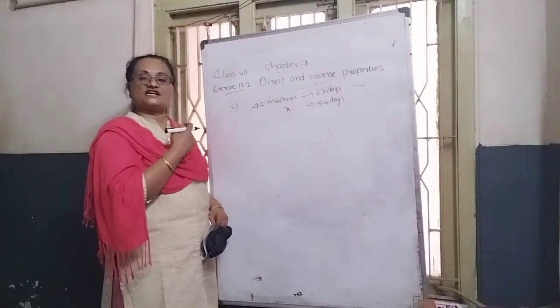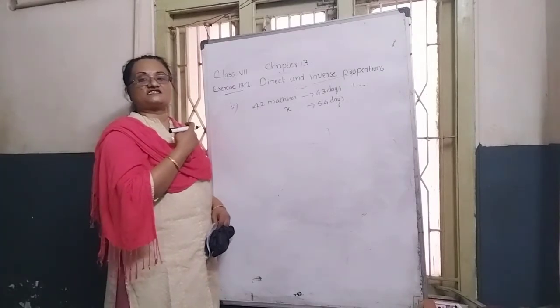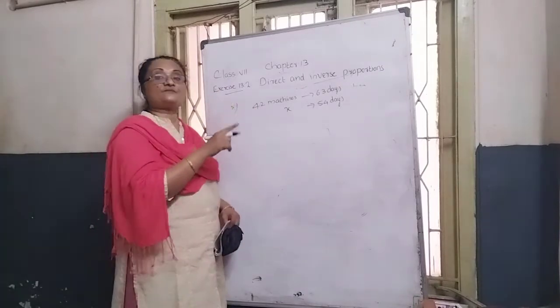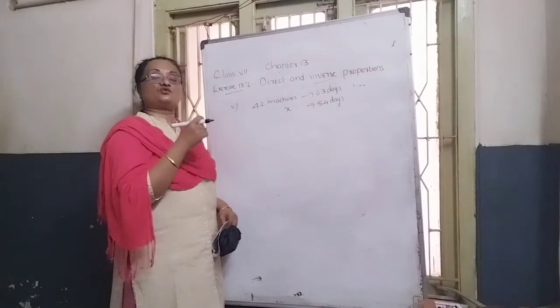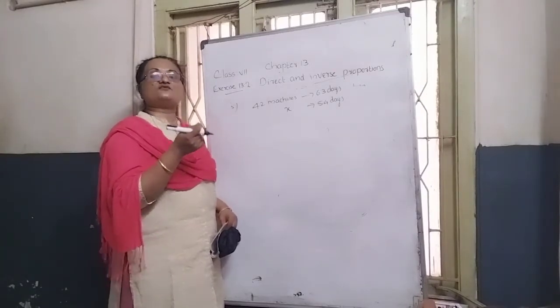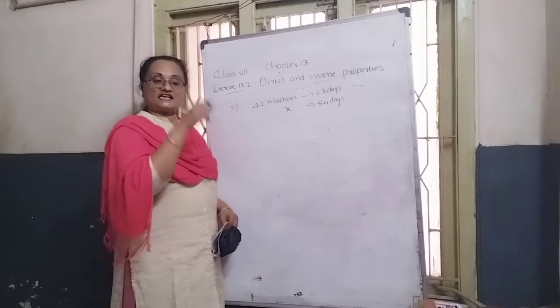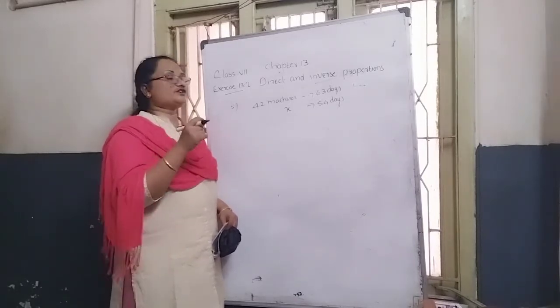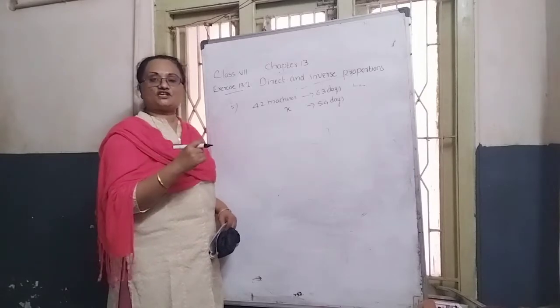That's why, in that place, we can take it as X. In the first case, they given that in the factory 42 machines are there, and they can produce some articles within 63 days. That same work they want to complete within 54 days.